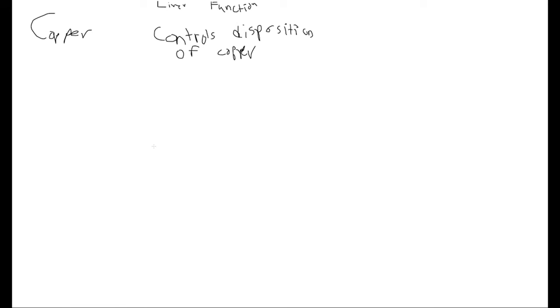is something called copper ATPase. Copper ATPase basically regulates whether the copper is going to be excreted in the bile or if it is going to be used to produce something called ceruloplasmin.